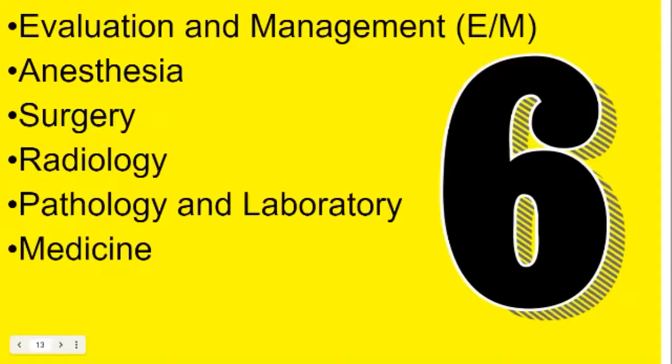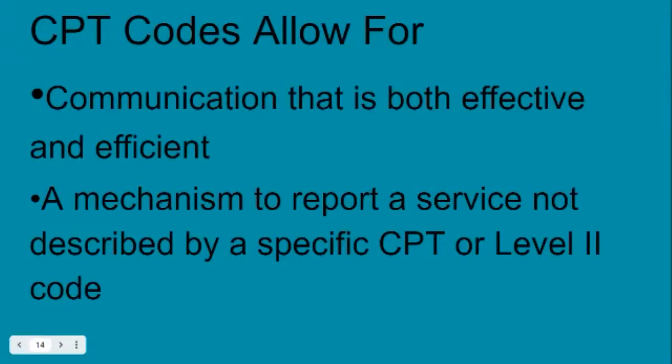Evaluation and management, anesthesia, surgery. Surgery is the largest section of the CPT book. Radiology, pathology and laboratory, and medicine. CPT codes allow for communication that is both effective and efficient. A mechanism to report a service not described by a specific CPT or Level 2 code.